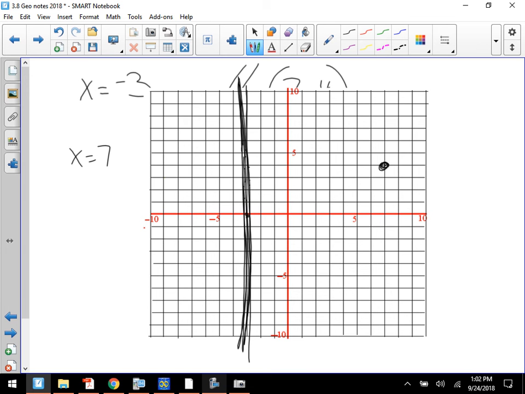What's the equation of the vertical line that goes through that point 7, 4? X equals 7. There you go. Those two are parallel. You don't have to walk through all the slope stuff. You just realize x equals a number is vertical, so the parallel one is x equals 7. It works the same way with horizontal lines.